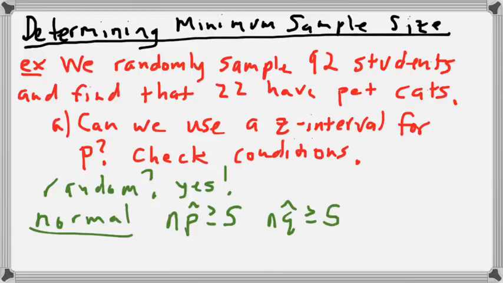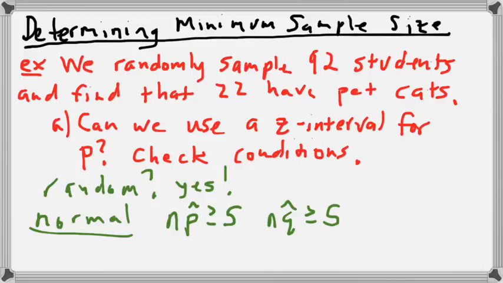And again, why am I putting hats on them? Because I don't actually know the true percentage of people who own cats. The variable p by itself would be the true proportion of all students who own a cat. A p-hat, in this case, represents the sample. We sampled 92 people, for instance.